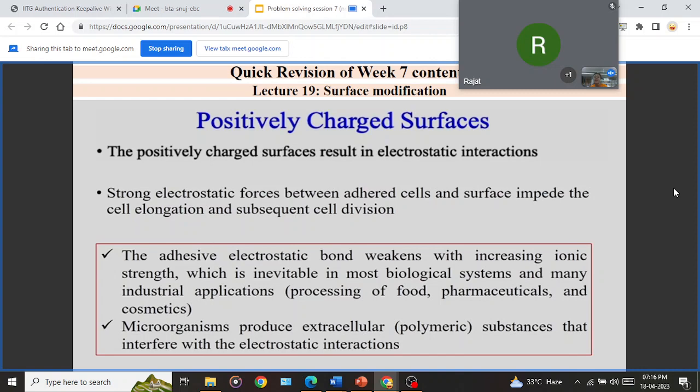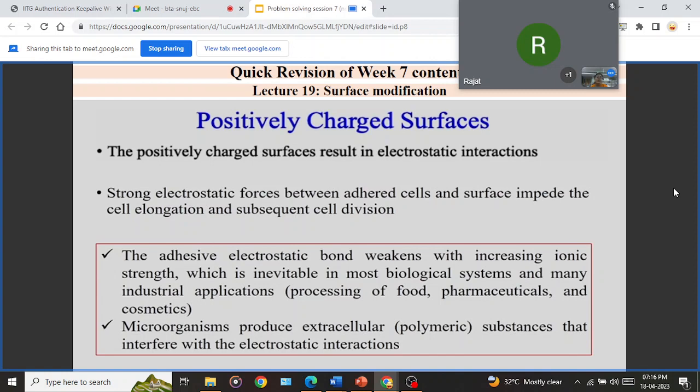The adhesive electrostatic bond weakens with increasing ionic strength, which is inevitable in most biological systems and other applications. Apart from this, microbes also produce various extracellular polymeric substances, like biofilm, which will again interfere with these electrostatic interactions, right?